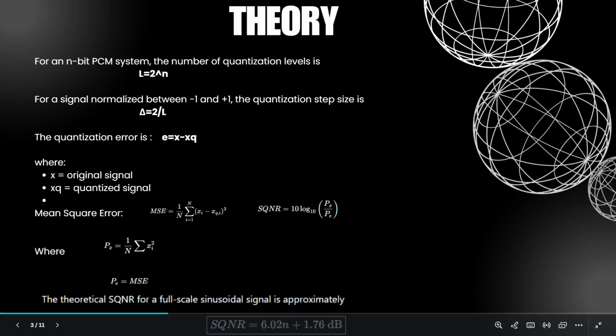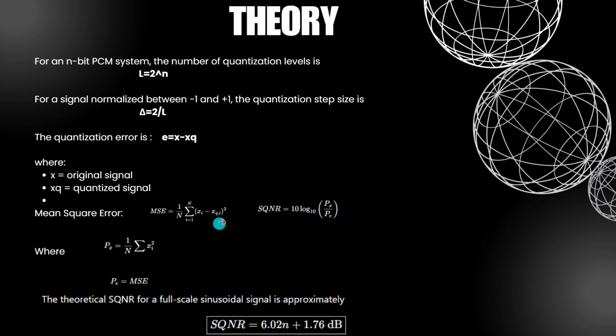Quantization error is the difference between the original signal and the quantized signal. So e is equal to x minus x_q, and the mean square error represents the average squared quantization error.